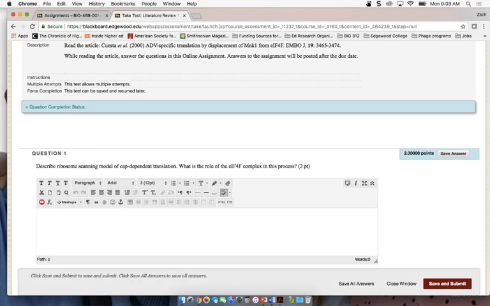For example, the first question is: describe the ribosome scanning model of cap-dependent translation. What's the role of the eIF4F complex in this process? Guess what? We're talking about that today. In some ways this is a review question to make sure that you understand what we talked about earlier this week when we discussed the paper on Friday.